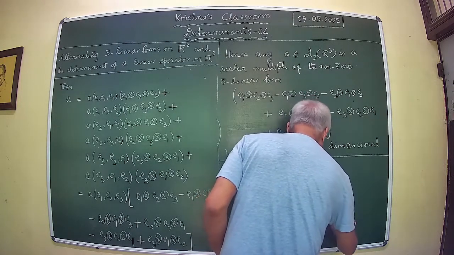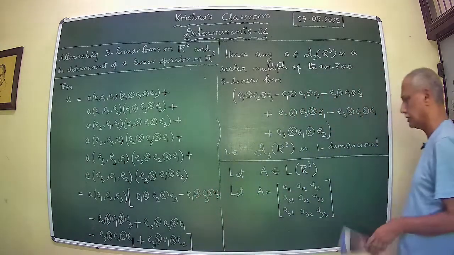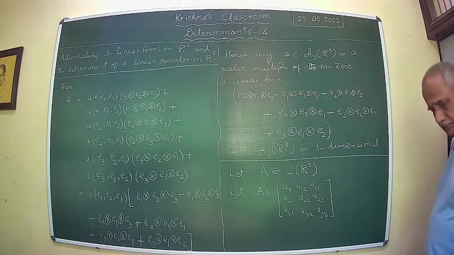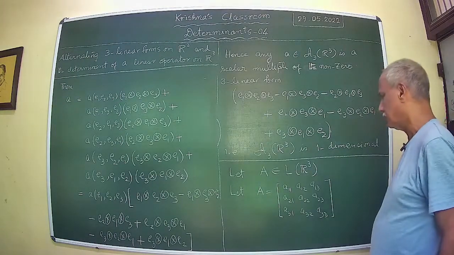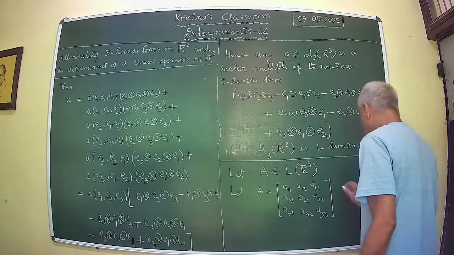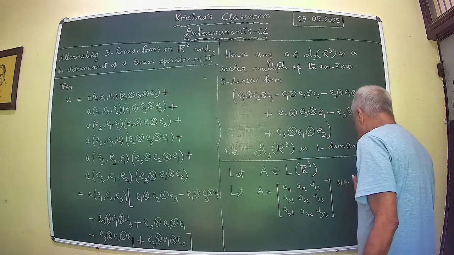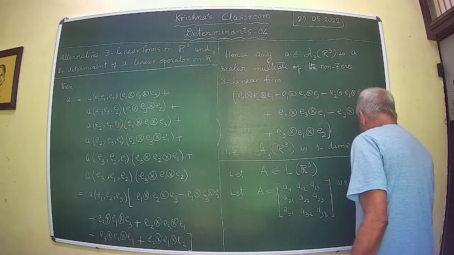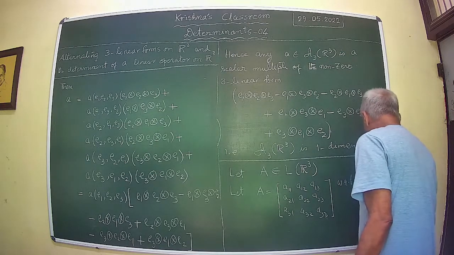where Aij's are real numbers. Okay, this is a unique representation that you have with respect to the ordered basis.